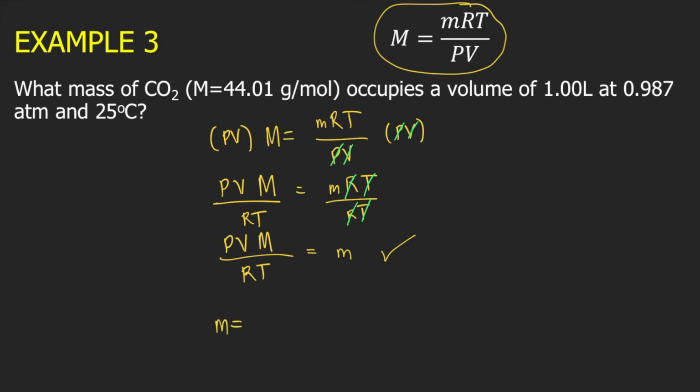So mass is equal to P, the pressure, and according to the problem, that's 0.987 atm. V is the volume. According to the problem, that's 1 liter.